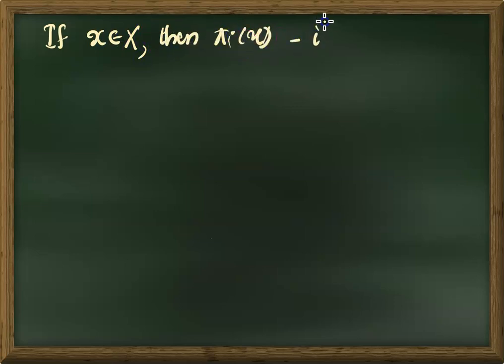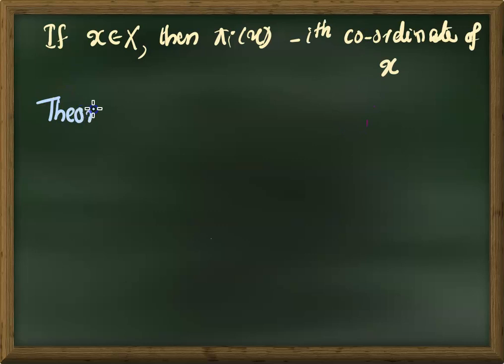Thus, we have observed that if x is an element of capital X, then pi i of x is the ith coordinate of x. Now, let us consider a theorem on these projection functions.